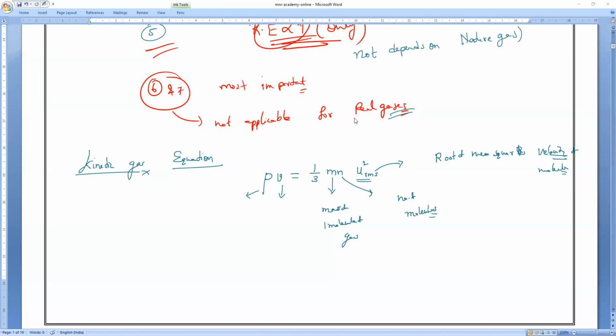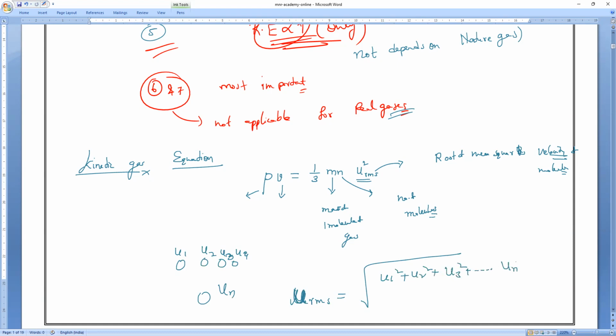Yes, sir. Now you might remember, in some chapter, that if there are different particles in a system, let the velocities be u1, u2, u3, u4, and so on, up to un for n particles. We know the average velocity, which is u1 square plus u2 square plus u3 square and so on up to un square, divided by the number of particles.